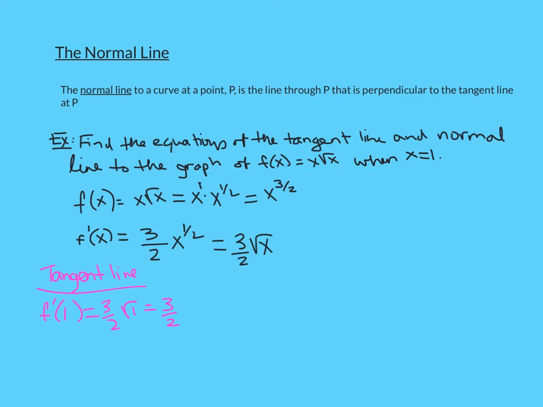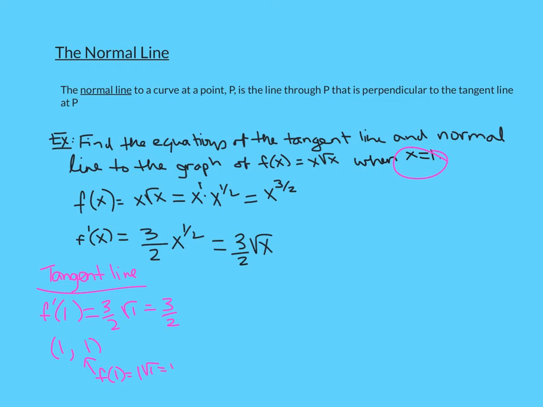I also need to figure out a point that's on the line, and I know that x equals 1. We found that already. To find that actual point, you need to substitute 1 into your original equation, which is f of 1. I get 1 times the square root of 1.